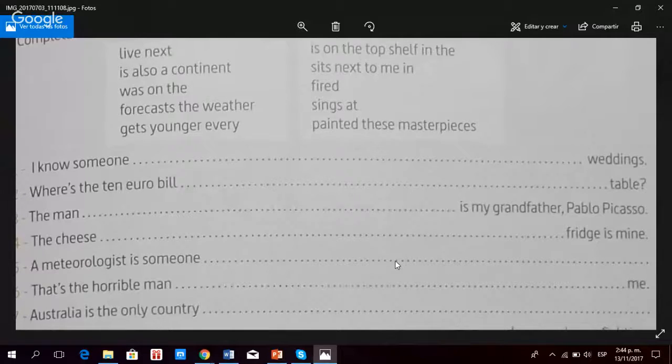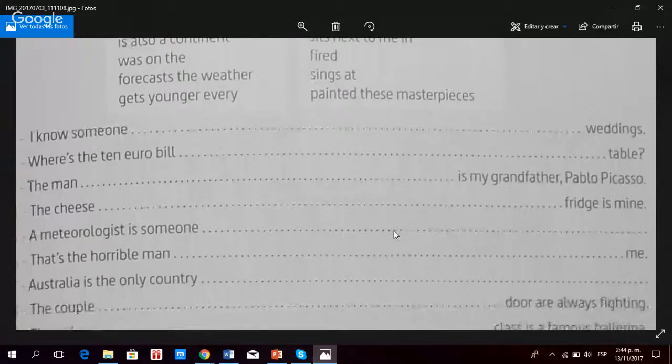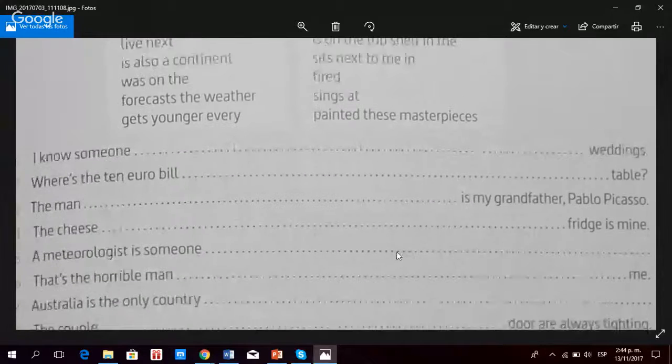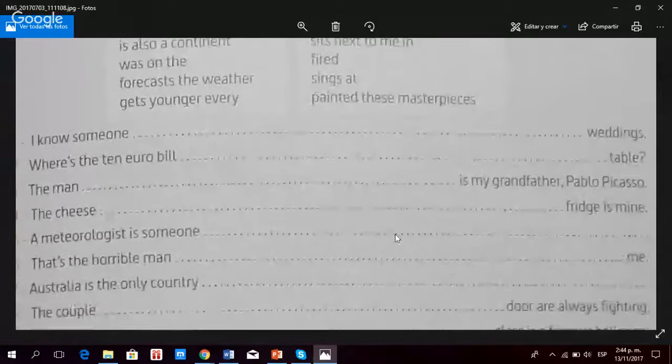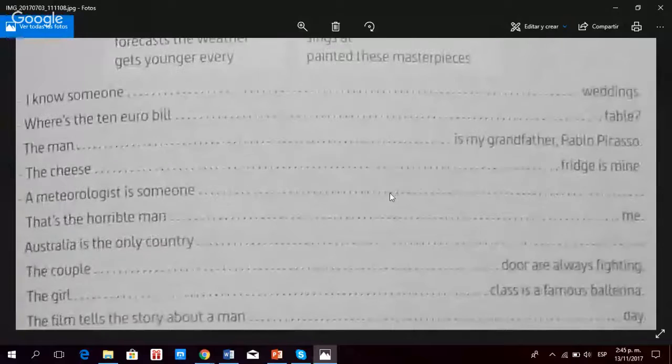Right. But it is with that, yes? Remember, Oceania is a continent. Oceania, Australia.